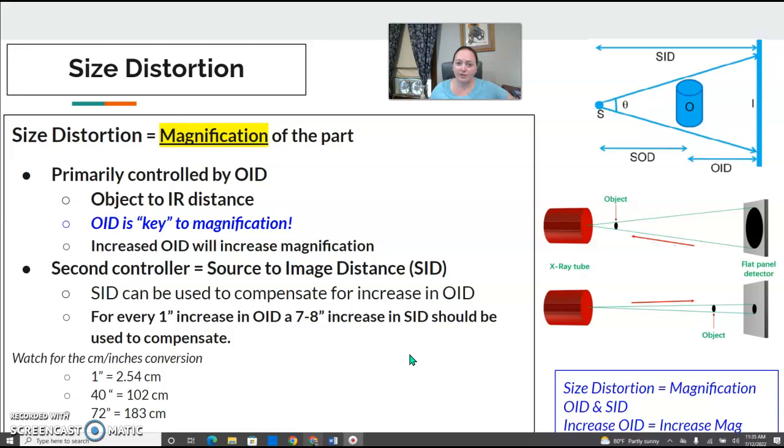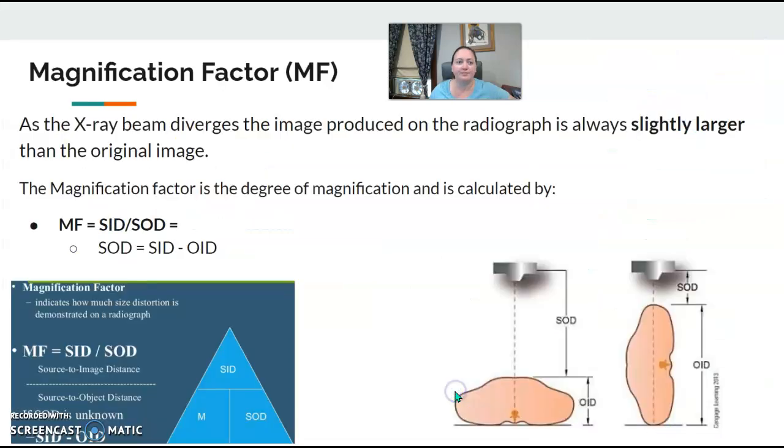And just a note to remember, I want you to make sure you know your centimeter conversion, because if you have that on your ART, you want to pay attention to that. A magnification factor. If you see the term magnification factor, it may be asking you to calculate how much it's magnified.